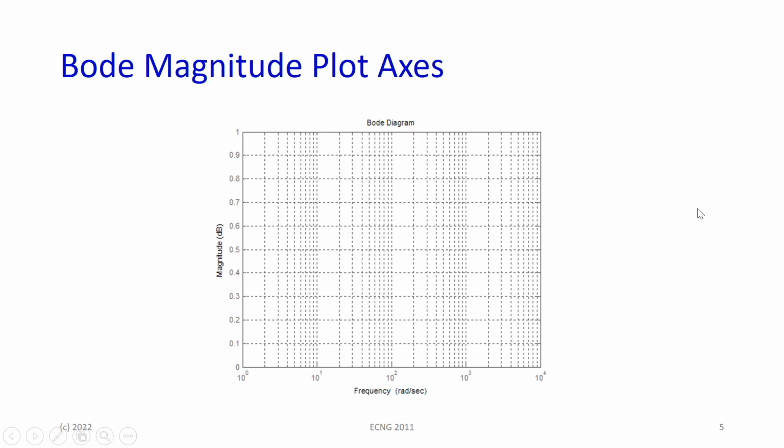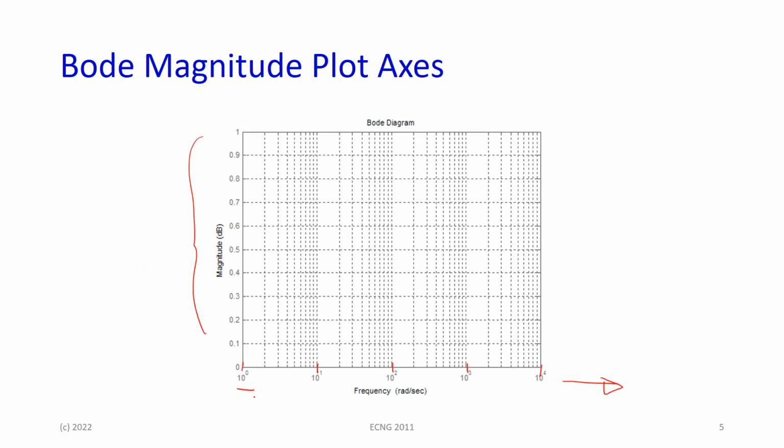The first thing about it is that we plot the magnitude plot on a log scale. First off, we plot the amplitude part in decibels, and we plot the frequency response on a log scale. If you look here, on the log scale each step is 10 times the previous one.